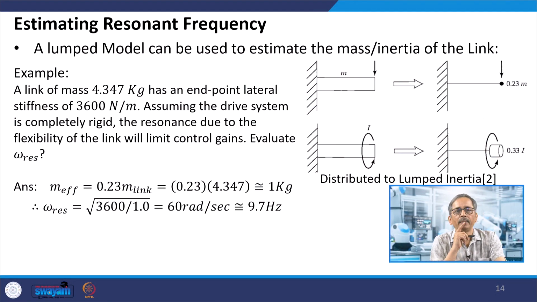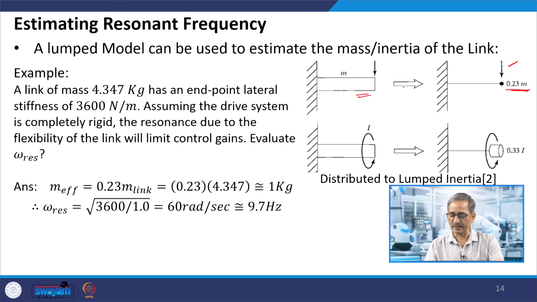So, for estimating resonance frequency, we can do some approximation. We can have a lumped model that can be used to estimate the mass or inertia of the link. For example, if you have a beam in which the mass is distributed, its effect can be taken as a mass of 0.23 m at the tip, and then your force is applied over there.